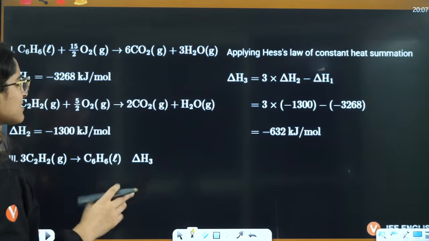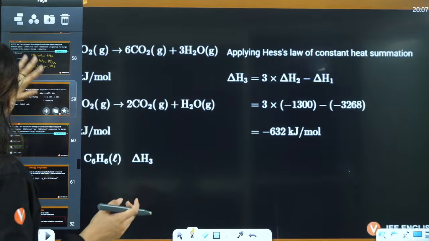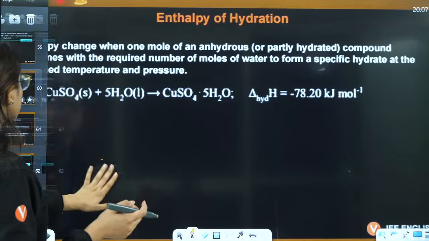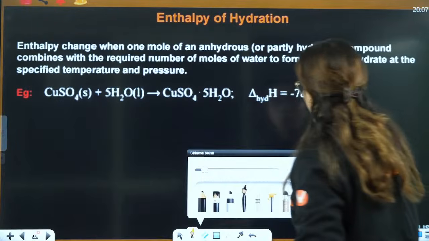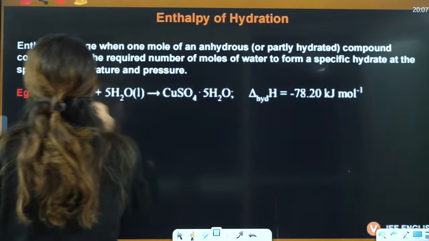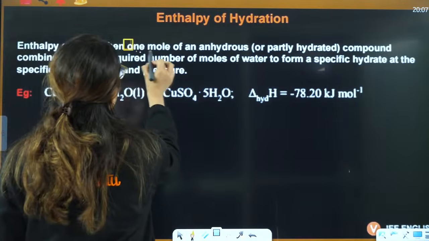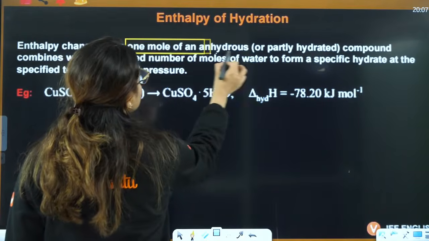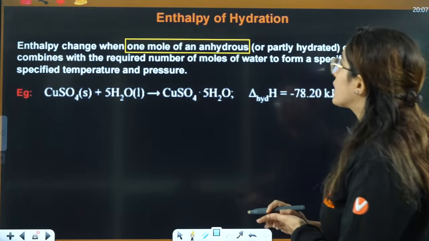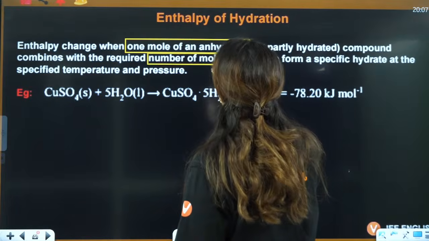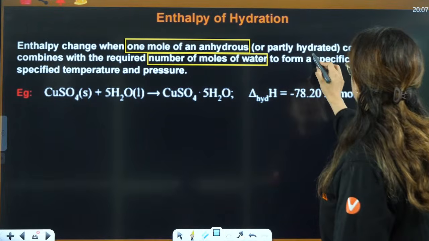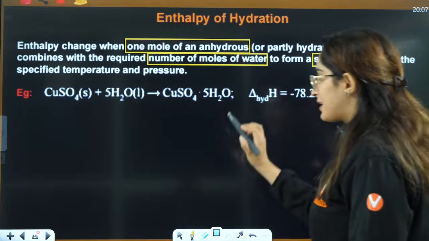I directly told you this, so I'll just delete this slide. Next is delta H hydration. What is hydration? I have told you already. It is the enthalpy change when 1 mole of an anhydrous or partly hydrated compound combines with the required number of moles of water, the water of crystallization, to form a specific hydrate at a specified temperature and pressure.